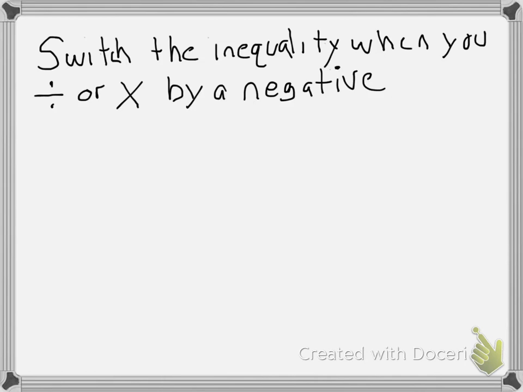All right, so let's take a look at number 1. You have an inequality. It says x less than or equal to 3. Okay. So graphing, we have the point 3 on a number line.